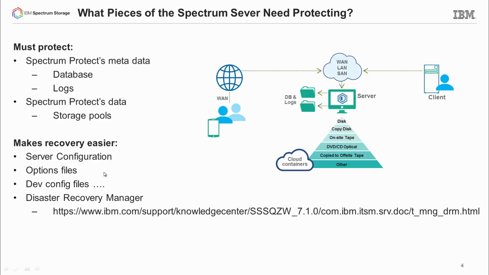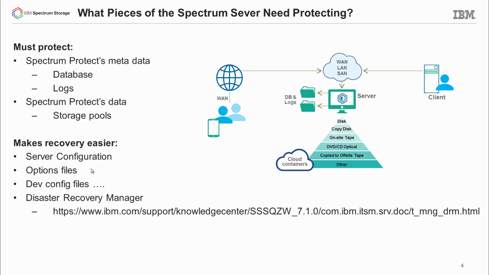Now, some pieces make a recovery of an entire Spectrum Protect server easier. These are things like your server configuration files, your dev config files, your option files. And built into Spectrum Protect, we actually have a tool that helps you gather all this information. It's called our Disaster Recovery Manager. It's very simple to set up, and it will create on a nightly basis a disaster recovery plan.